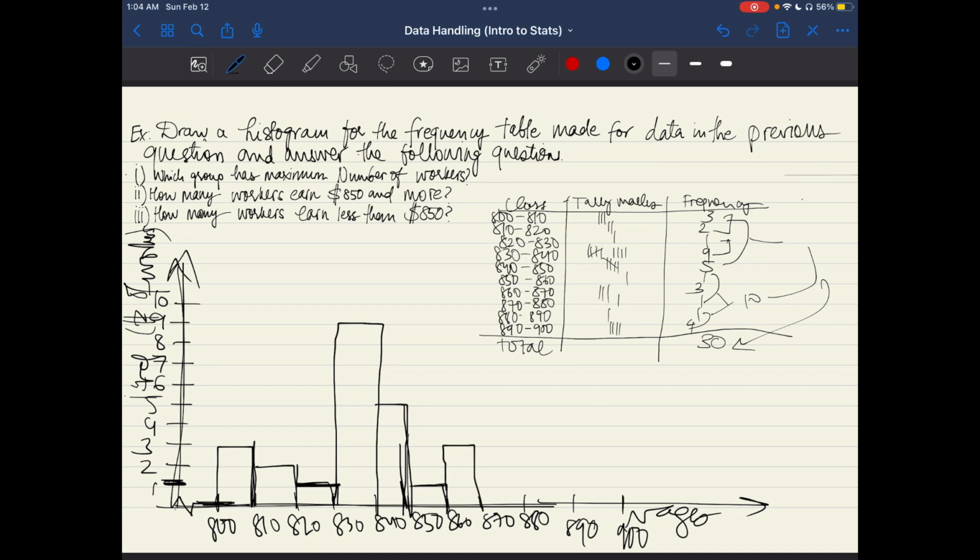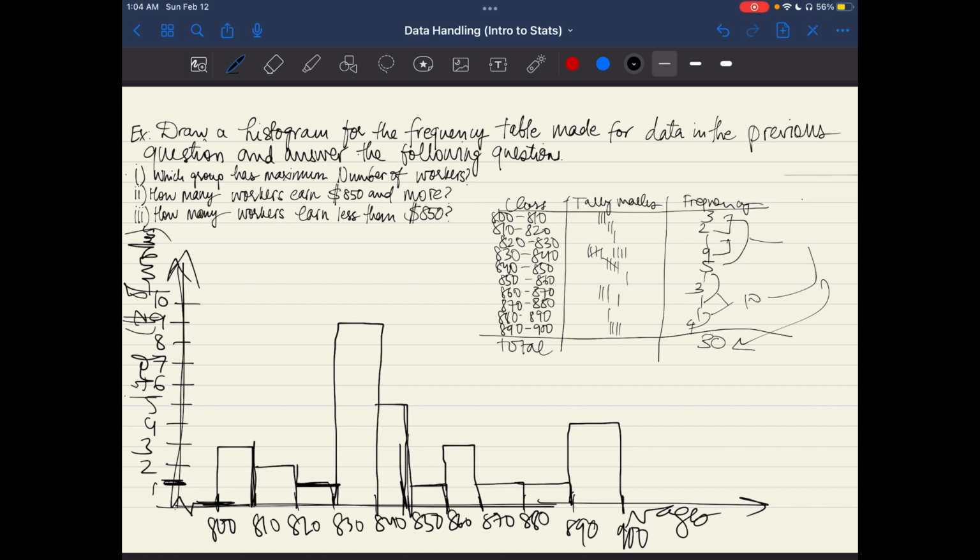Then 70 to 80, we have 1. 80 to 90, we have 1 again. And then 90 to 100, we have 4. So here we go, this is what our histogram will look like in this case.